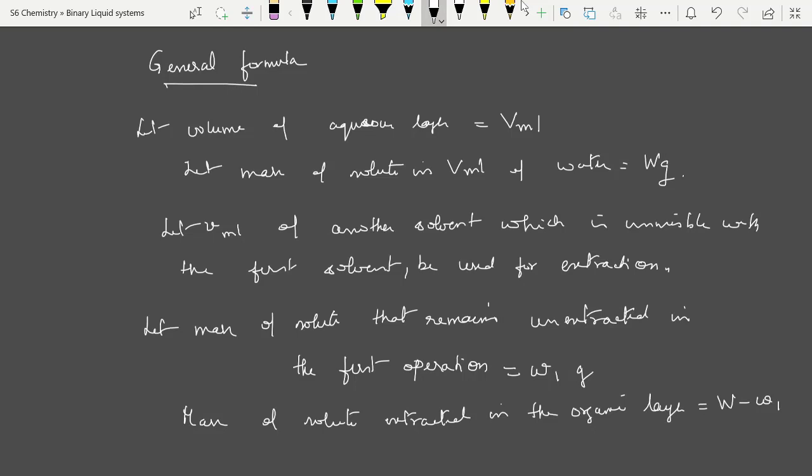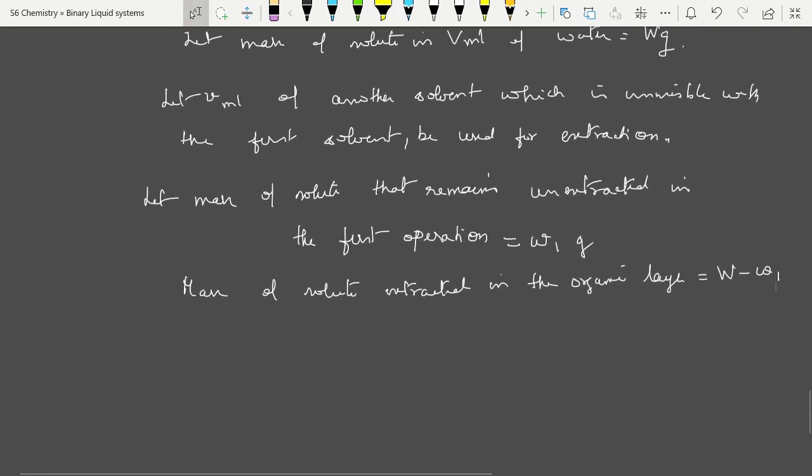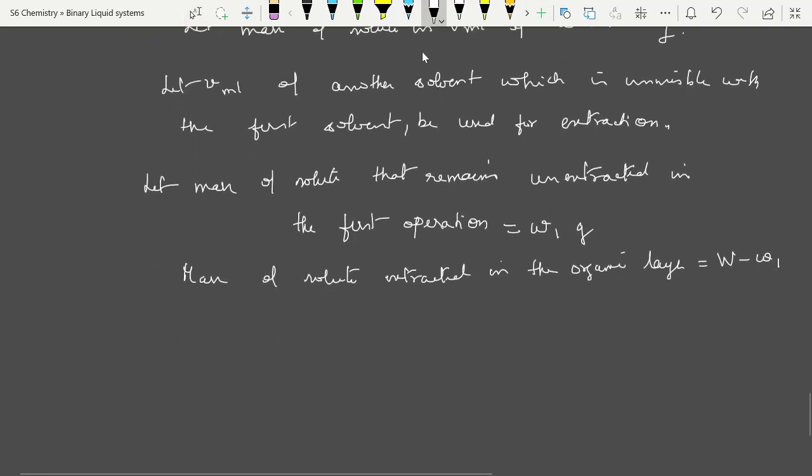So, the remaining has gone to the organic layer. Remaining is capital W minus W1. And let the ratio of C in the aqueous layer to C in the organic layer be a constant K.